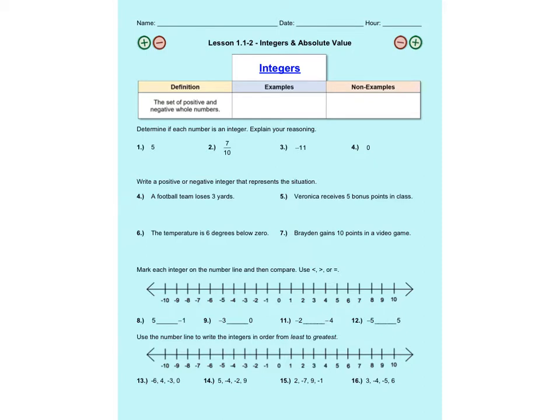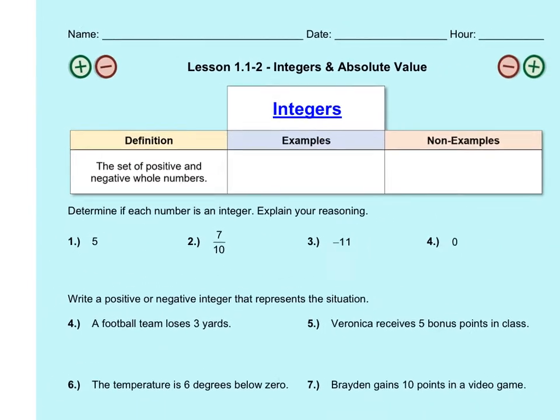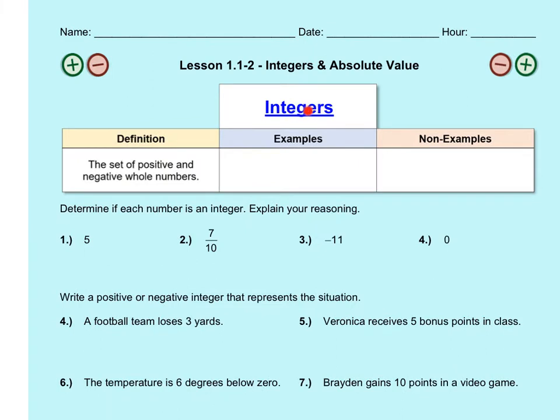Okay, so I'm going to go through the definition first of all, and we're starting with integers. This word right here is very important for us, especially for this chapter, because every lesson in this chapter is going to use integers. What those are is the set of positive and negative whole numbers.